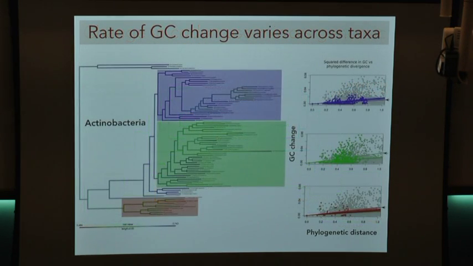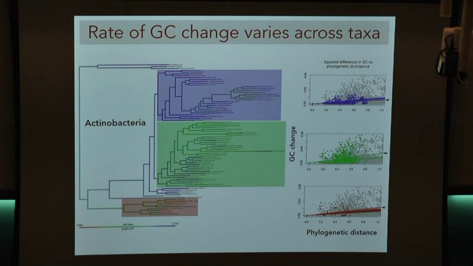The other thing we're starting to do is to quantify the rate of GC change across taxa. So here is a subgroup of actinobacteria with these different clades marked, and we said, let's quantify all the pairwise differences in GC content that we see in this clade, and plot that as a function of the phylogenetic distance.